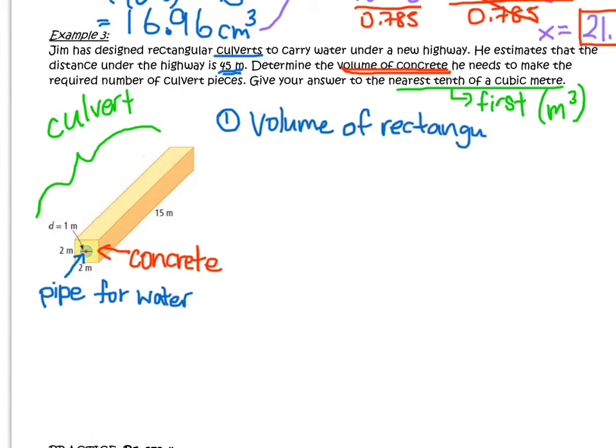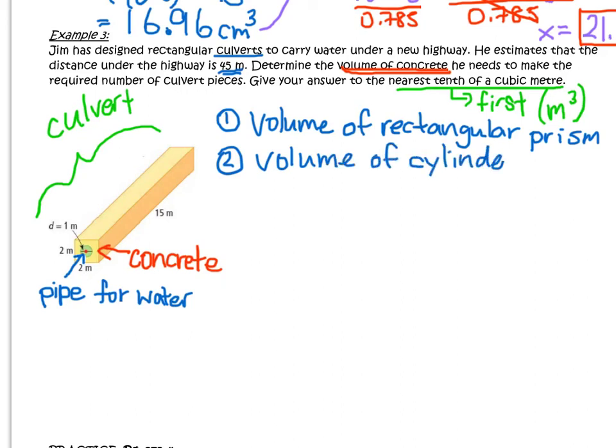And then what would we? The volume of the cylinder inside of it. And that then would be the volume of the rectangular prism minus the volume of the cylinder. That's it.